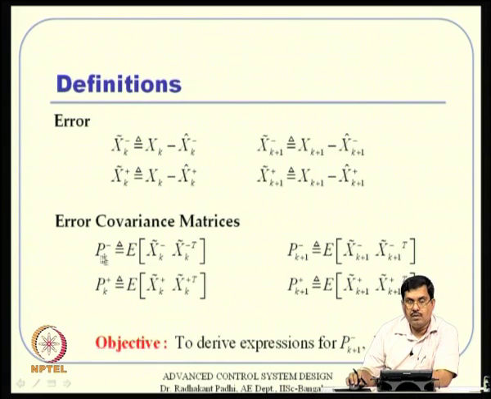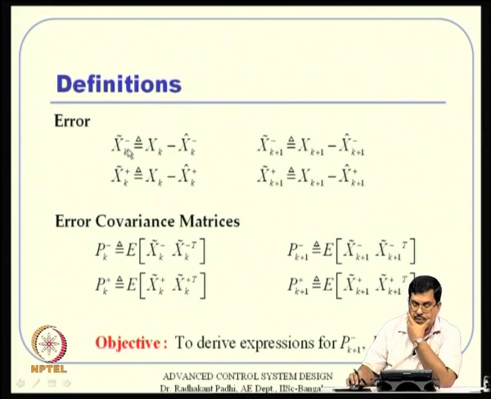P k minus, the error covariance matrix at time step k in the prediction part, is the expected value of x tilde k minus times x tilde k minus transpose. It is an outer product, because each of these is an n by 1 vector, so the outer product becomes an n by n matrix. So, the error states and error covariance matrices are defined like that. These are simply definitions to begin with.